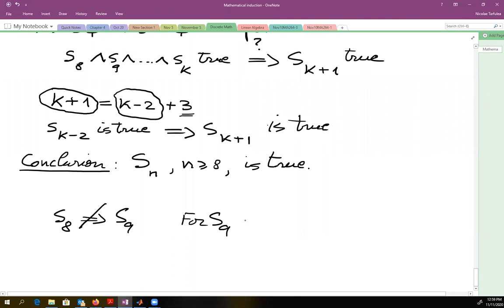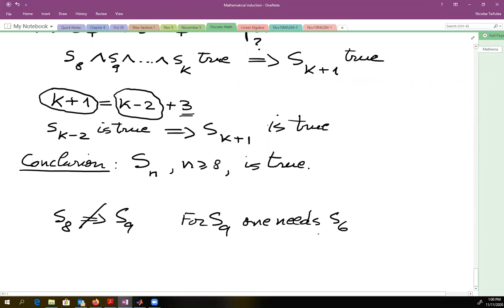So when you try to prove S9, you need, well, S what? Think about this. For proving S9, you need S6, right? This is not a good thing.